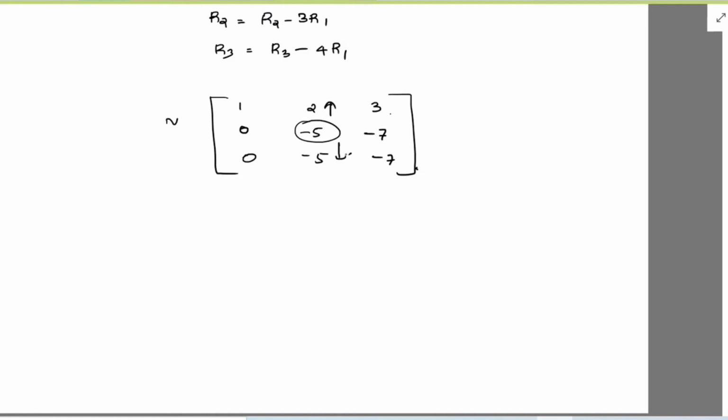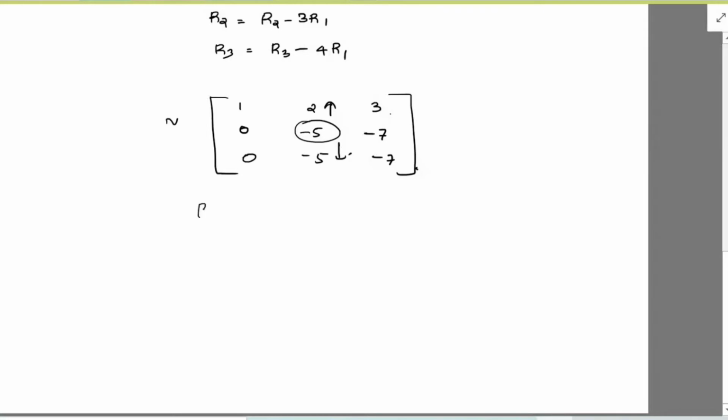Here it will be easier if we first make the vertically up and down elements 0. Or you can choose R2 equal to R2 into minus 1 by 5, that is also okay, but it will make it more difficult to convert into RREF. So I am choosing to first make all the entries vertically up and down 0.